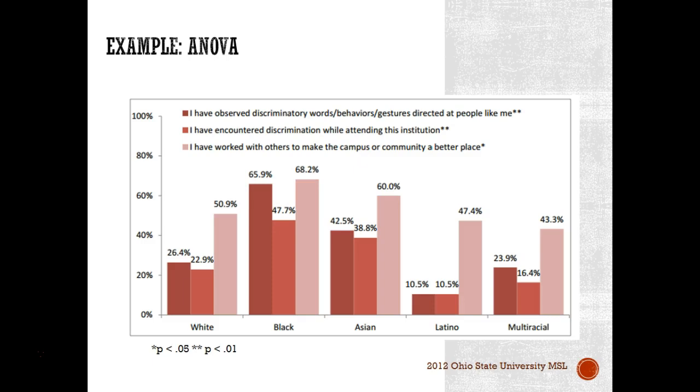There are significant differences going on in here, and for the first item, this darker graph, we have two asterisks. So we are pretty darn confident here that there are some significant differences. And you look at the percentages, the white students are pretty low, black students are the highest group, Latino is the lowest group in this case, and others are in the middle in terms of observing discriminatory words directed at people like me.